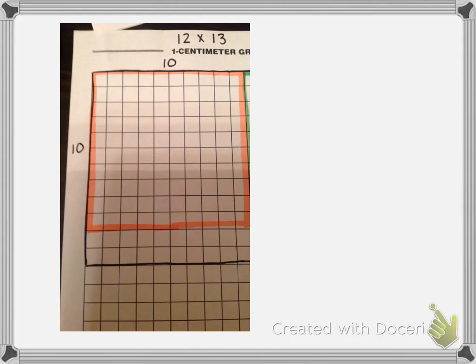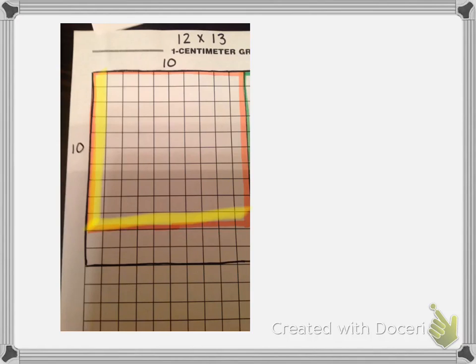The next step, you're going to need one of your markers, and you're going to outline the area that is 10 by 10. So within that rectangle, you're going to make a square that's going down 10 rows and going across 10 rows. It'll be a square since the sides are all going to be the same length.